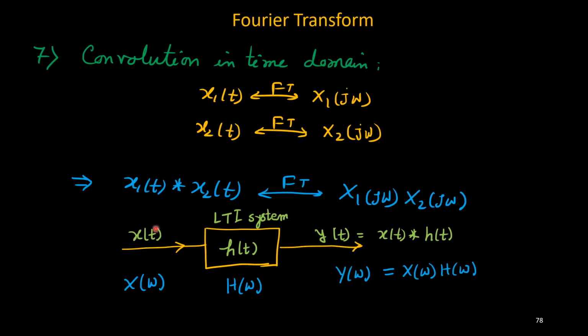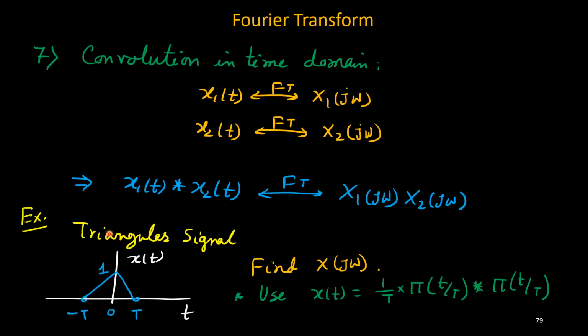So if I take the Fourier transform, X of omega for the input and H of omega for h(t), then the Fourier transform of the output signal, Y of omega, will be simply X of omega times H of omega. So we can find the spectrum of the output signal easily using this convolution property.